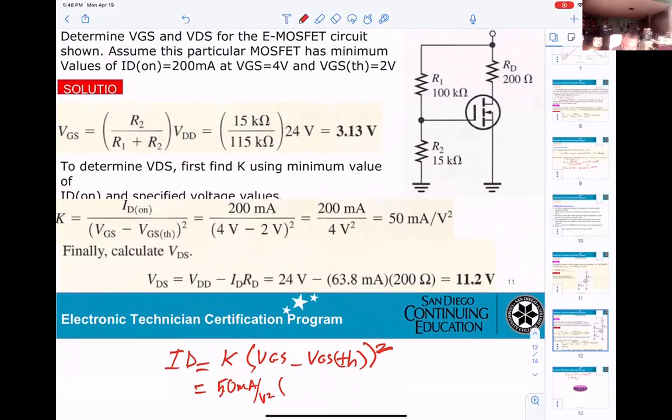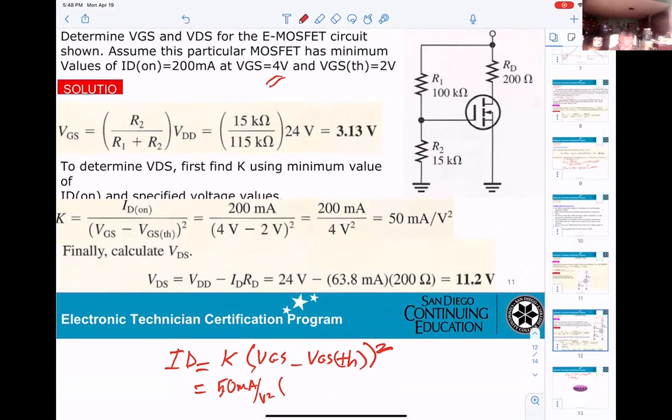Is it VGS equal 4 right here? No, 3.13. Oh, man. How come they didn't say it in here? Okay, I used 4. That's why I couldn't come up with the answer.